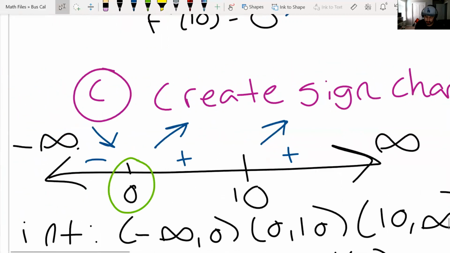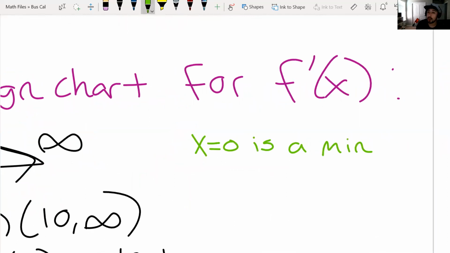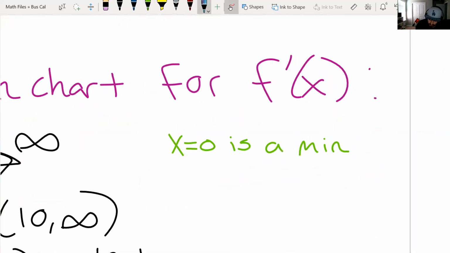And then next one we look at is 10. And at 10, you increase and increase. So x equals 10 is nothing to us, since there was no sign change. So x equals 10 is neither.